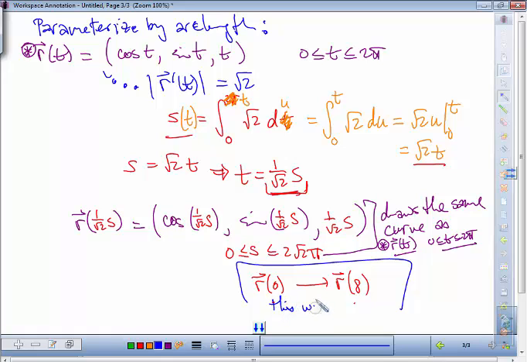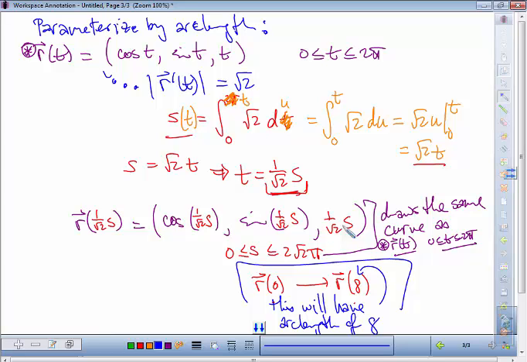This will have arc length of 8, because whatever number is in there, provided I start with 0, because that's how I was able to reparameterize this. I started with 0. Okay? All right.